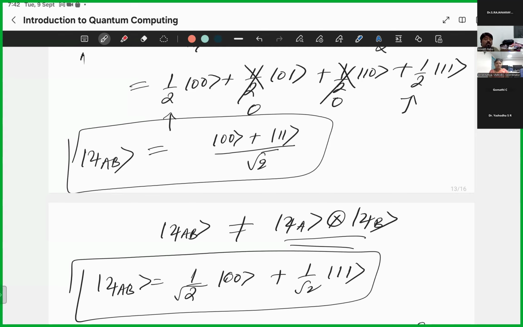Even room temperature is enough to destroy the qubit. That's why the transmons have to be cooled to millikelvin to avoid interaction with the outer environment. So decoherence is a big problem. That's why people enclose the qubits inside a cylinder and cool it to millikelvin to avoid external interaction.